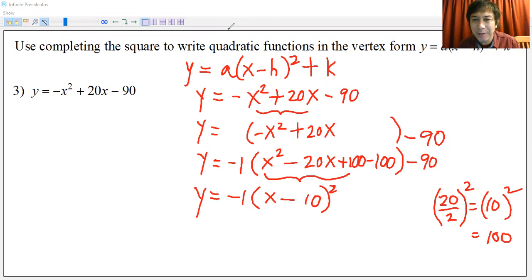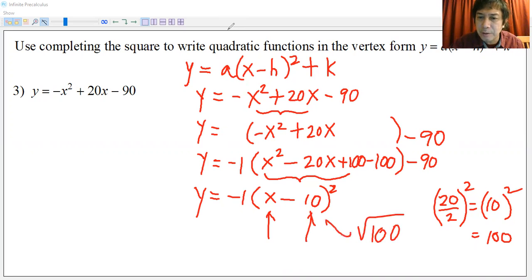Remember, this term here is the square root of x squared, that's why it's x. The 10 came from the square root of 100, which is 10.